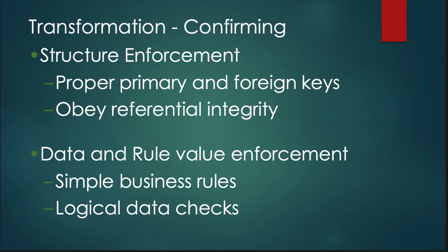So transformation conforming is structure enforcement. Most definitely the primary and foreign keys are very important. This is to ensure referential integrity. Also take note of data rules, business rules and logical data checks.